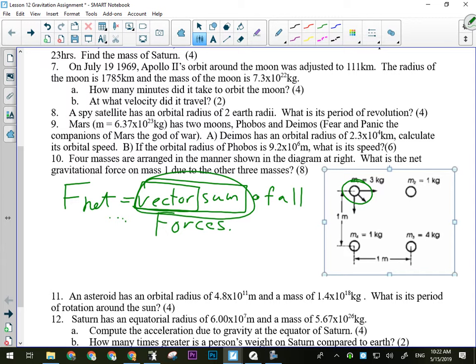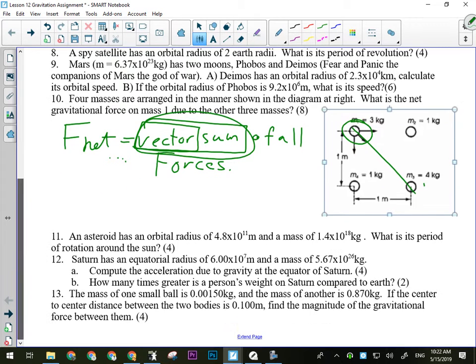What we do with vectors and how we add them is crucial for this one. The other part of this question is something that occasionally comes up. These are arranged in a square that is 1 meter by 1 meter. The distance, however, across a square like that is not 1 meter. I have people say that it's 1 meter all the time. Mass 1 and mass 3 are more than 1 meter apart. All the other ones are 1 meter apart, but those two are a little further than 1 meter apart. Corner to corner, it's a little different diagonally.